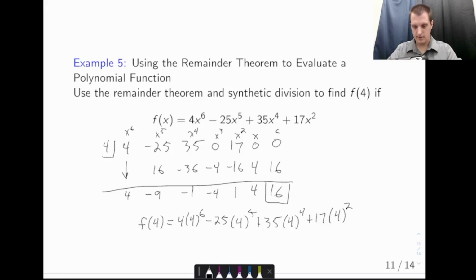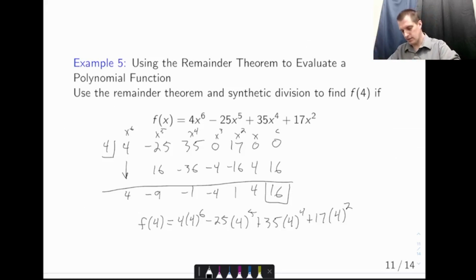Okay. All right, look at that. My calculator, if you could see that, let's see if you can. All right, it says 16, whatever.